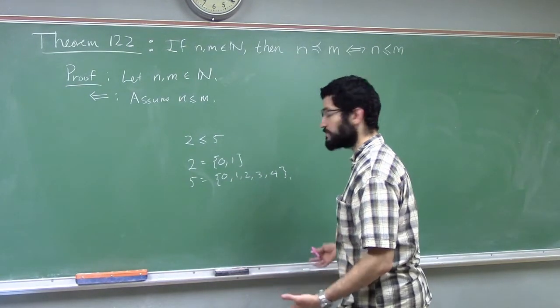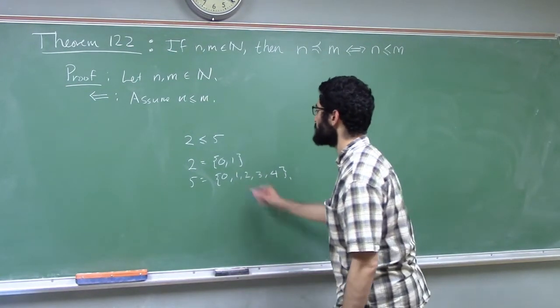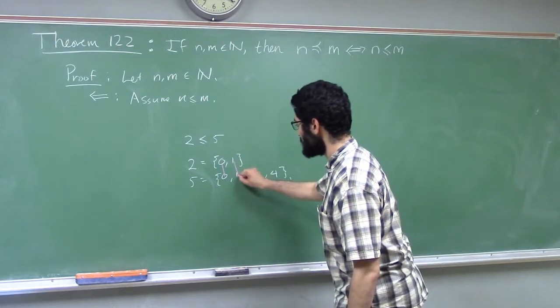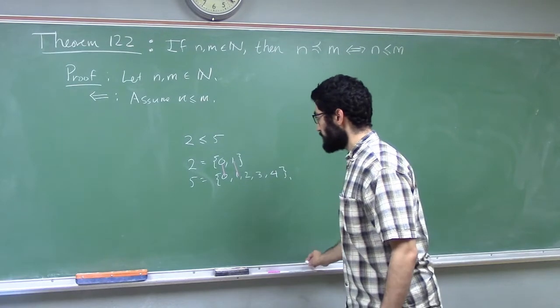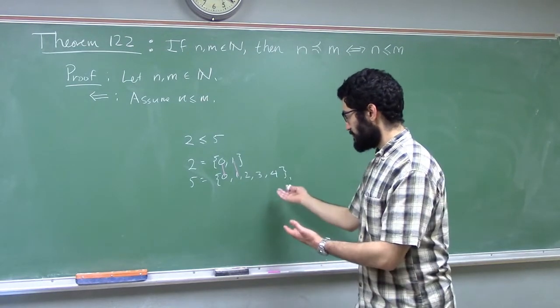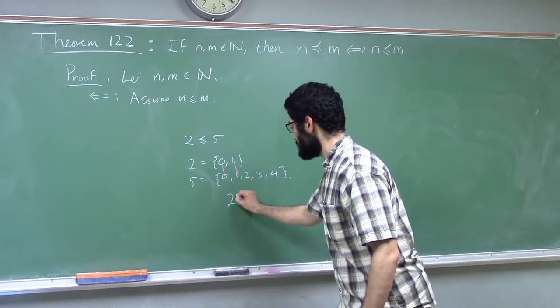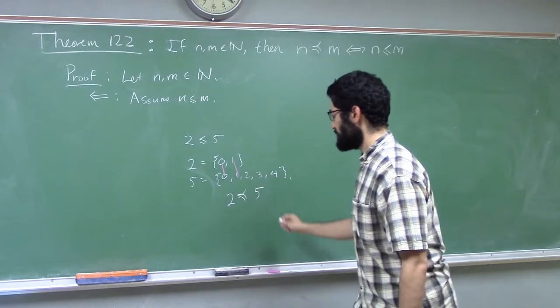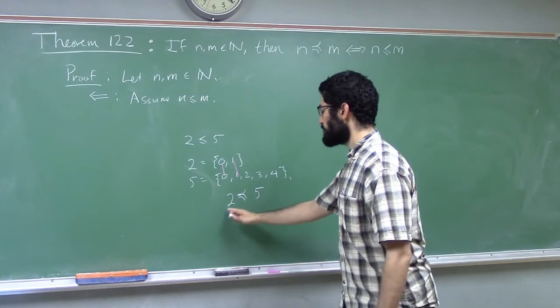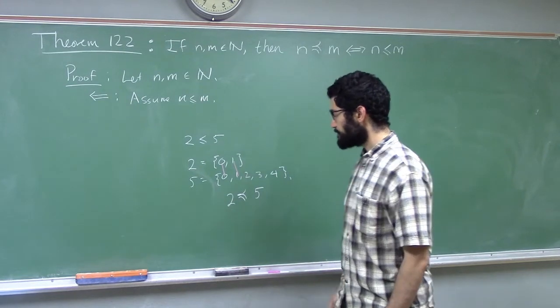But let's be as uncreative as possible so that whatever we do generalizes. Let's send 0 to 0 and 1 to 1. That seems to be an injection, and that is evidence that 2 is curvy less than or equal to 5, which means nothing more than there exists an injection from 2 to 5.